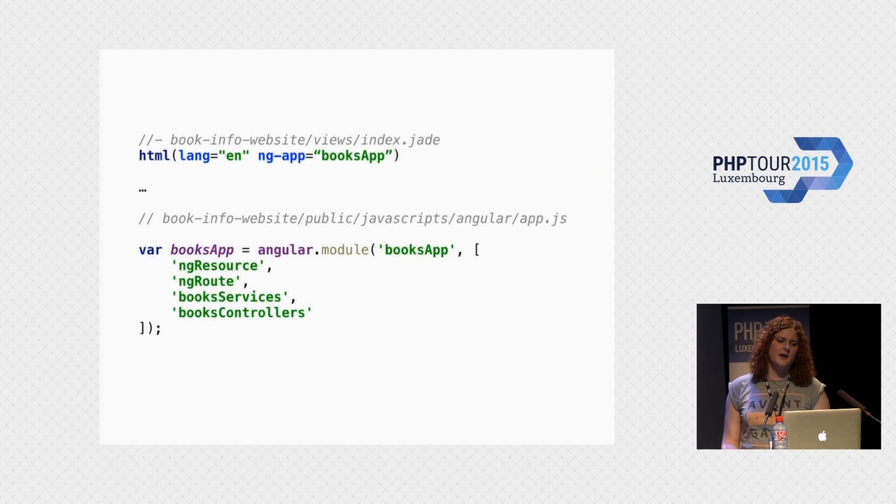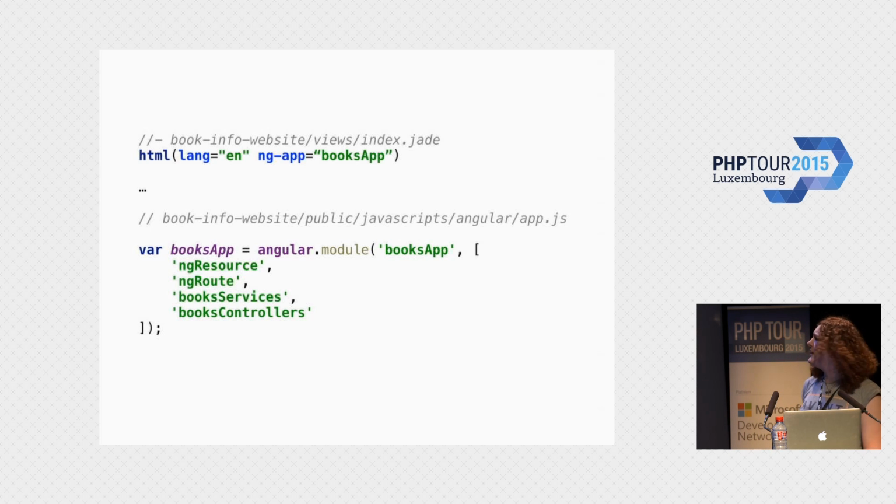These next things are dependencies that we're going to inject into our service. Now, these services are very much like Silex services. It's like getting multiple dependency injection containers and combining them. So ngResource, clients, route, different pages, book service is our model, and books controllers is our view model.